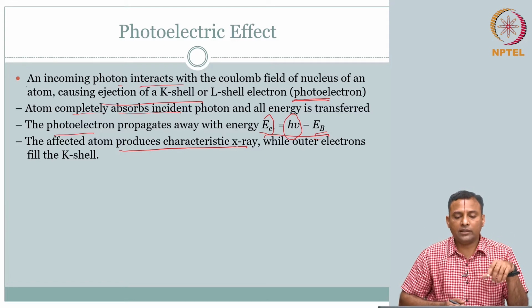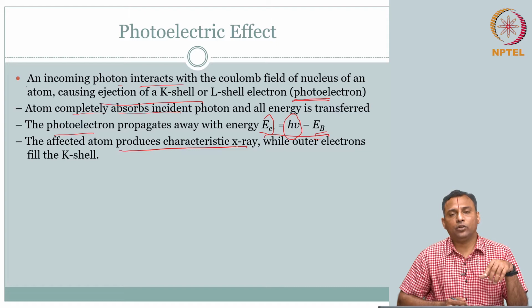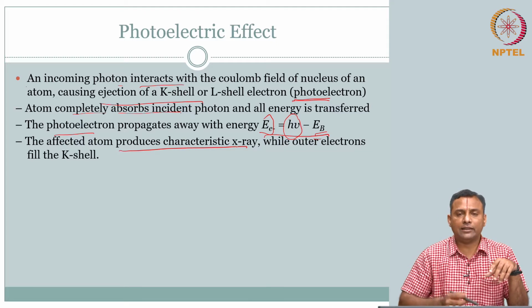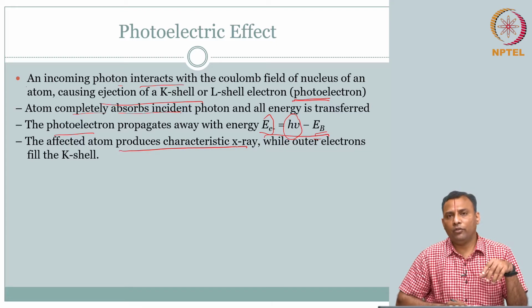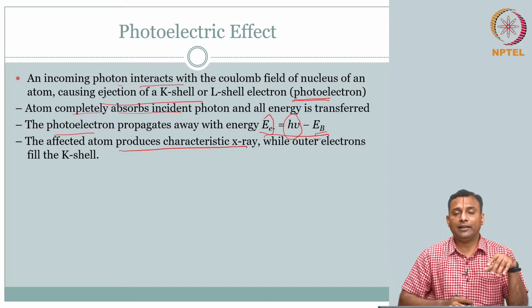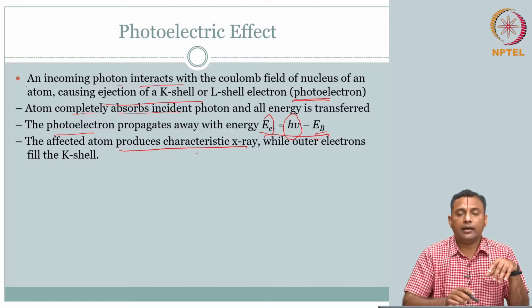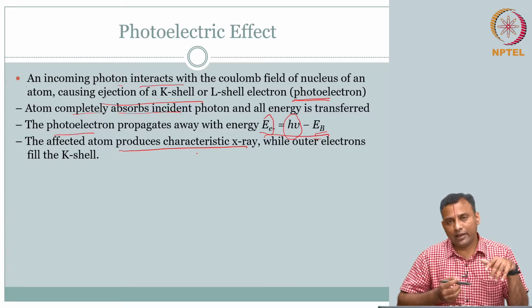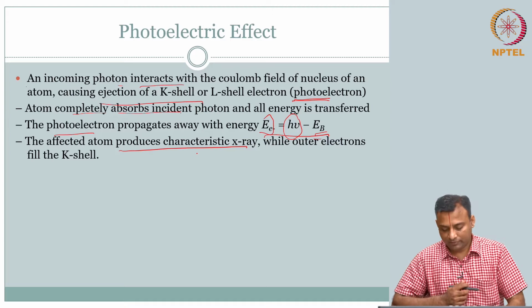So, that is your characteristic X-ray. Of course, the characteristic X-ray will also be of lower energy. So, now you have both the photoelectron that can go and cause subsequent interaction, and the characteristic X-ray that can also interact further, clear.